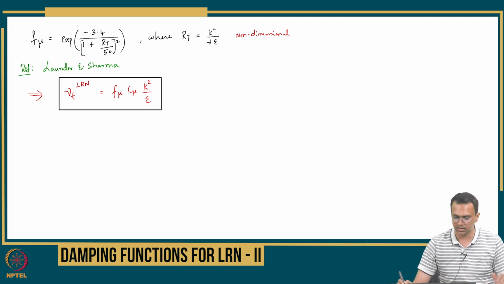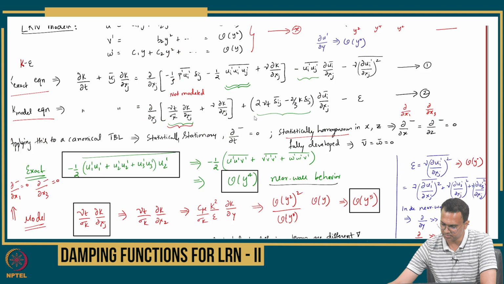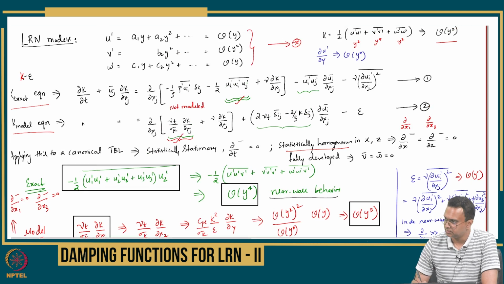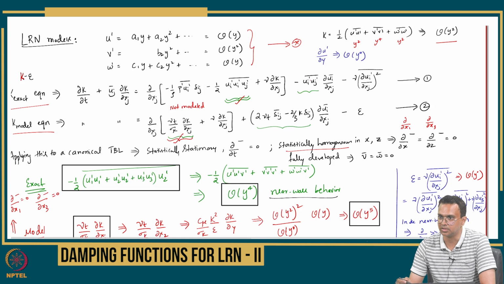Now we have seen only the equation for the turbulent diffusion, right? So this particular term is taken care of. This one is done. There is another term that is modeled, which is the Reynolds stresses in the production rate in the model equation using Boussinesq.